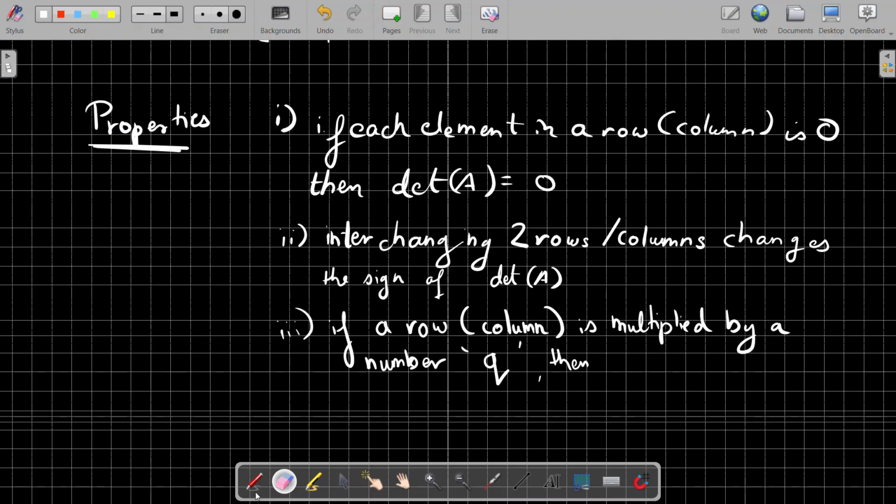Instead of writing it this way, the new determinant equals q times the original determinant.